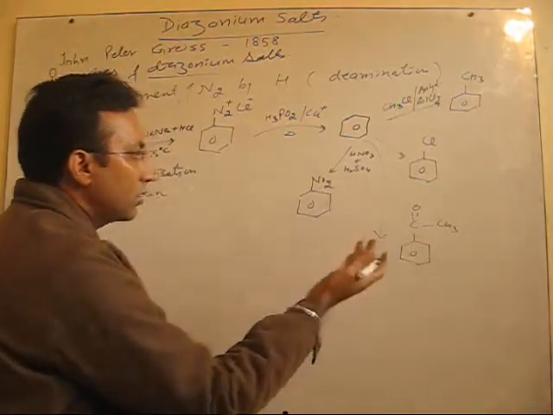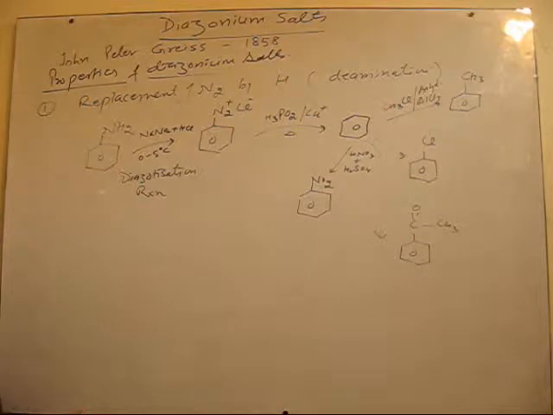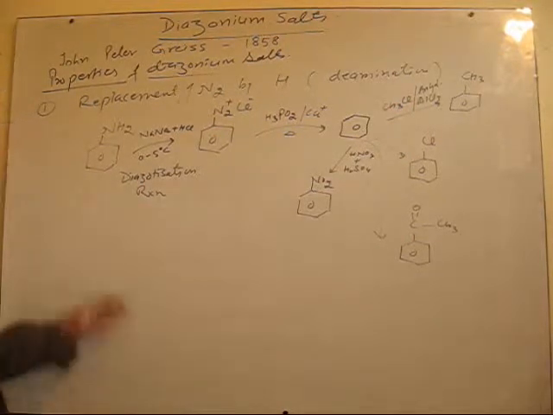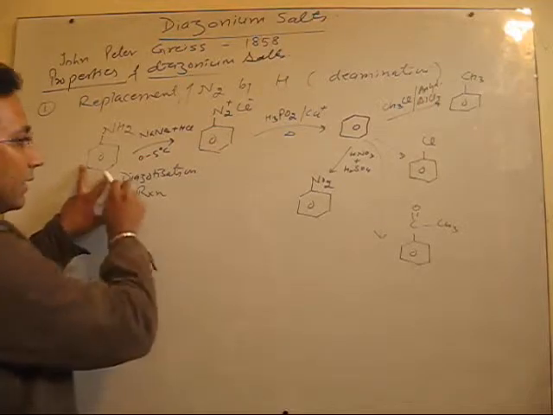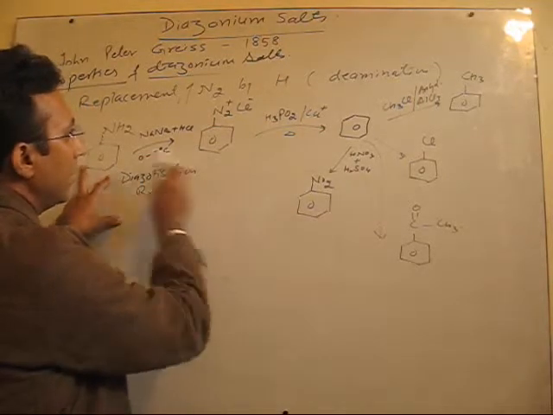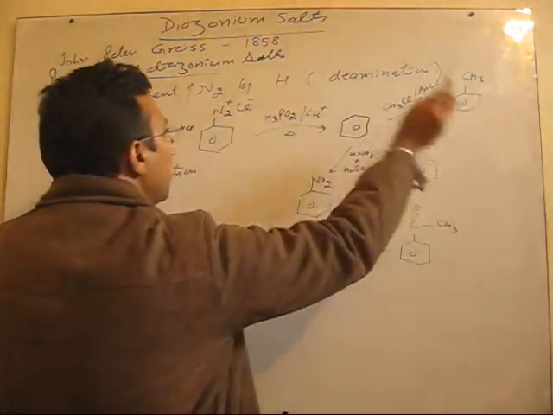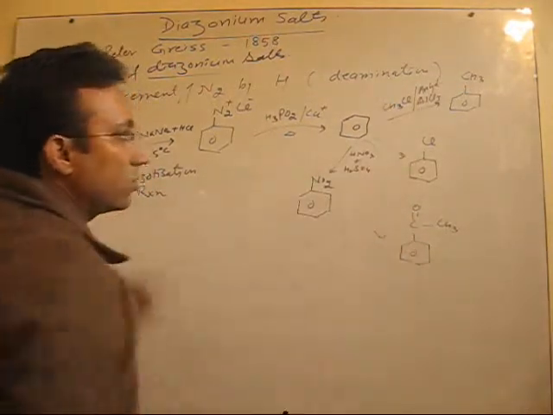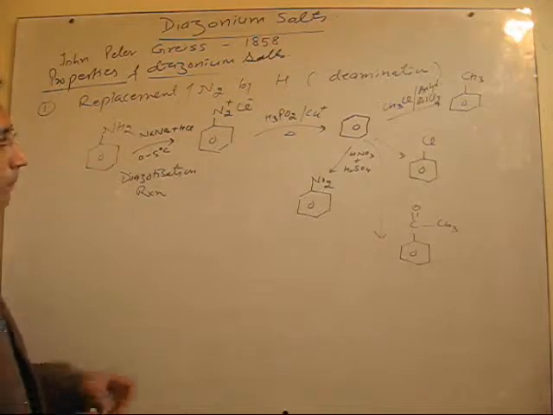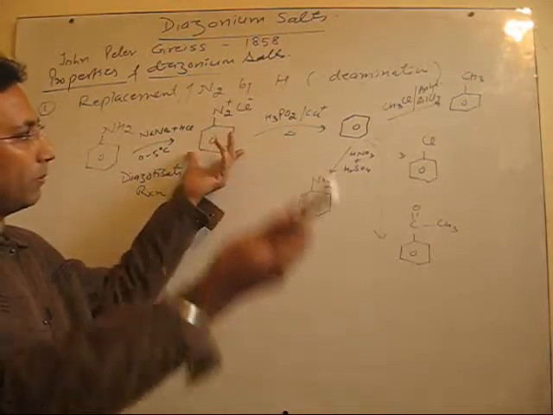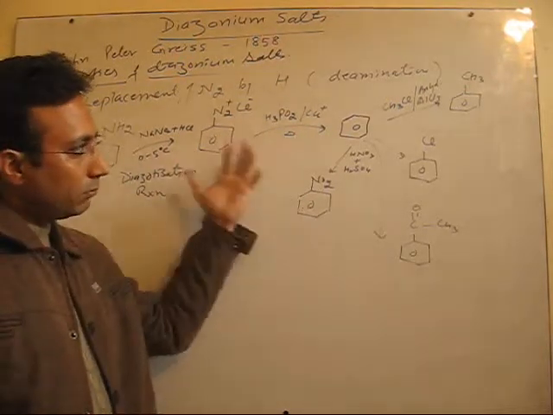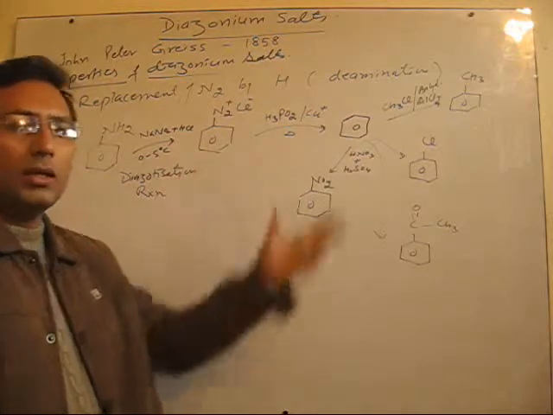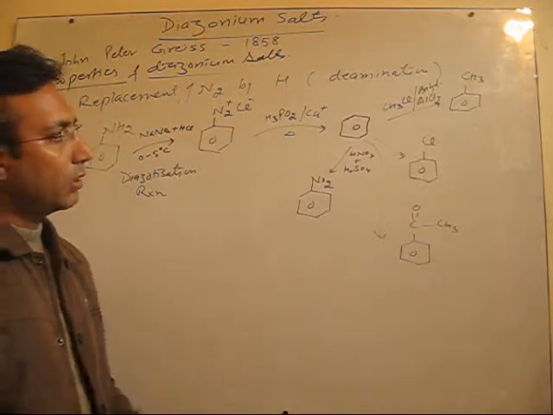Fine. So in this step you have got so many conversions here. You can be asked to convert aniline to nitrobenzene, aniline to methylbenzene, aniline to chlorobenzene, to acetophenone, like that. So benzene diazonium salts open up pathways for so many organic conversions for aromatic compounds.